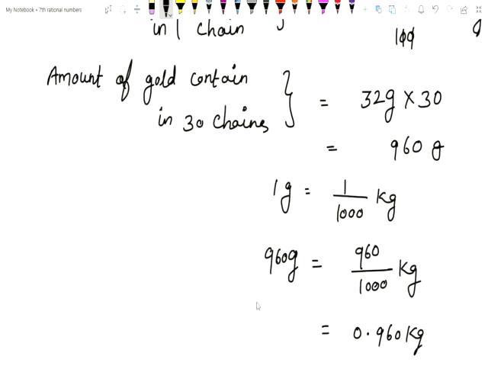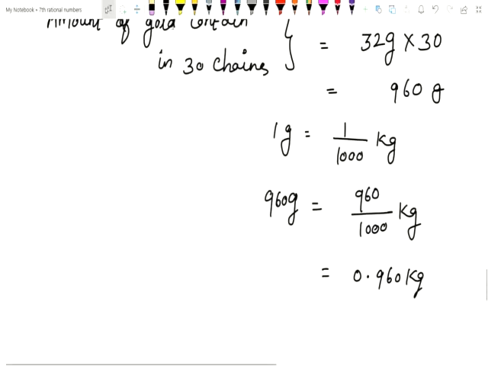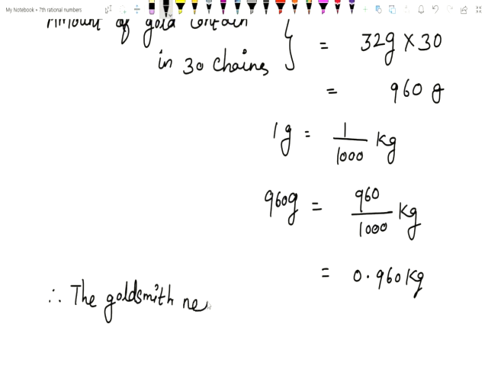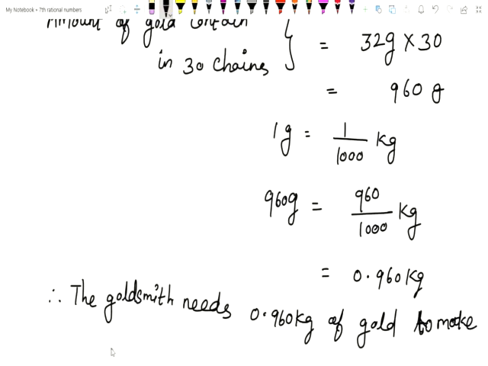The goldsmith therefore needs 0.960 kilogram of gold to make 30 chains.